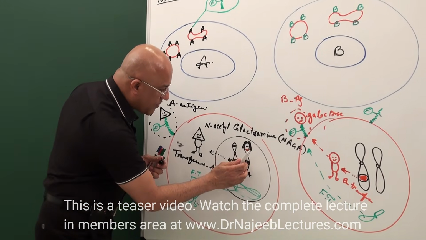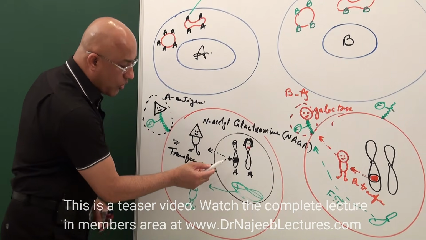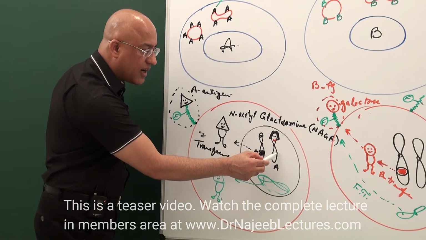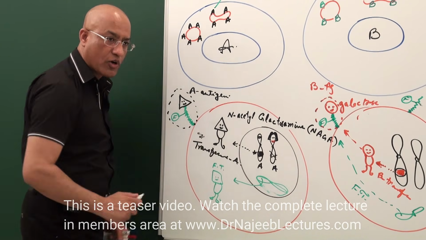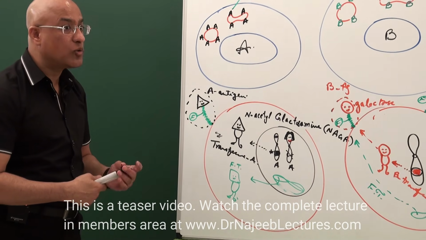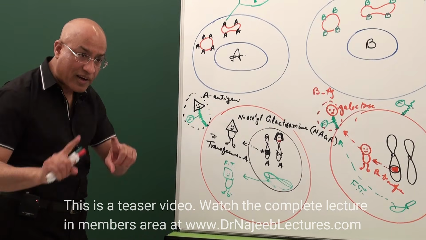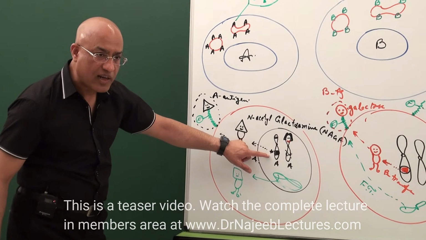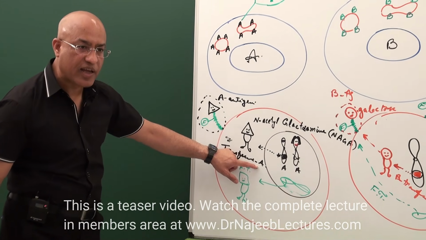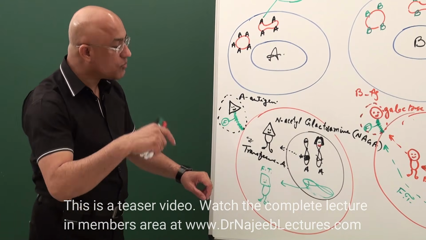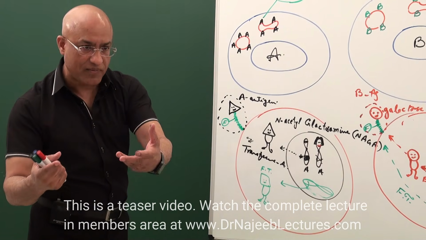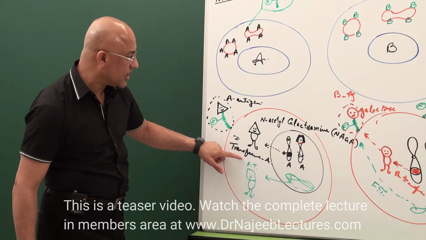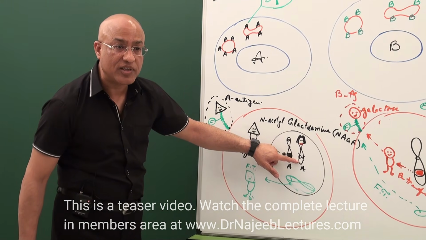If one person has a functional gene on one chromosome and the gene at the same locus on the other side is not functional, I will tell you later what this non-functional gene is. Again, one person with both sides functional is producing a lot of transferase A, done. But you may come across one more person in whom one chromosome has the active gene producing transferase A and the other is a non-functional gene.